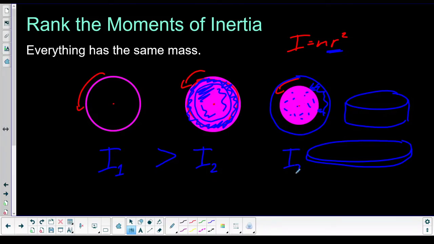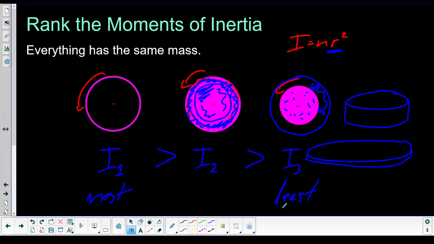Again, this one has a smaller moment of inertia than this middle one. So if we want to rank them, the ring has the most. This one has the middle amount, and then this one has the least.